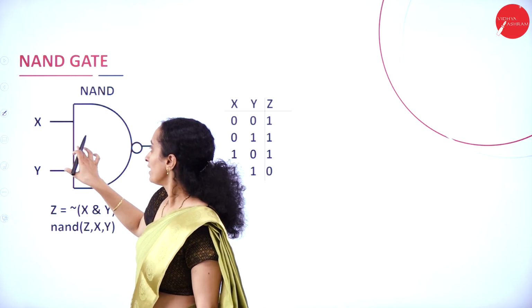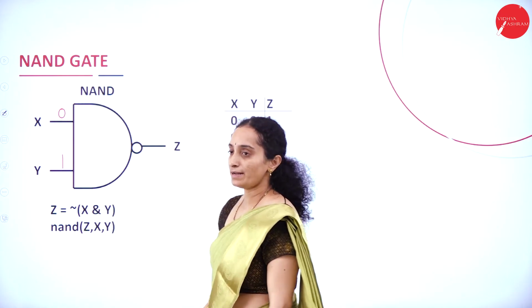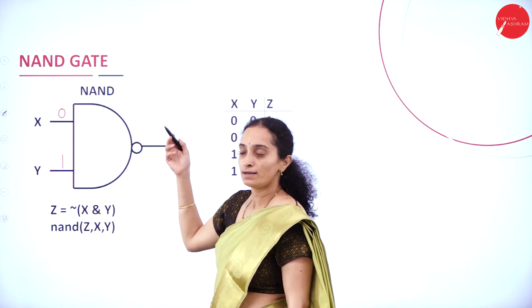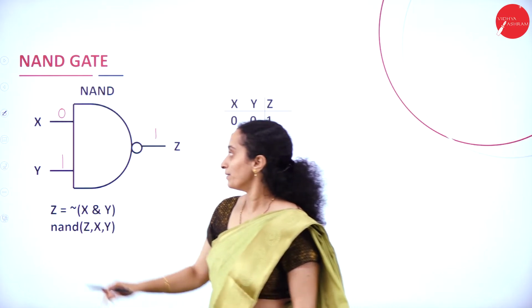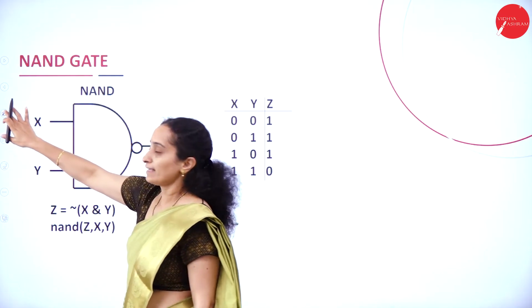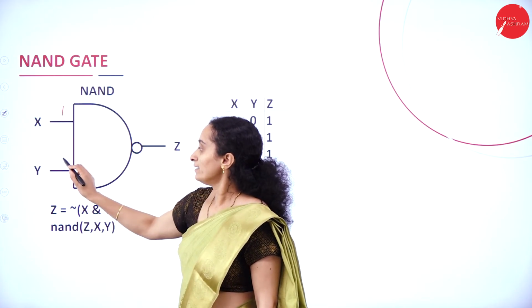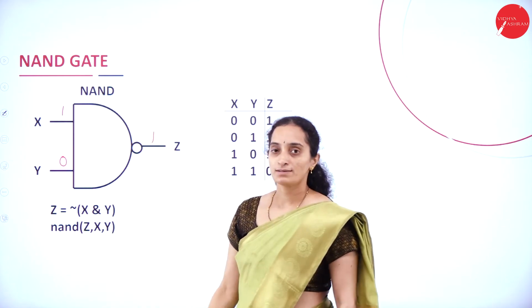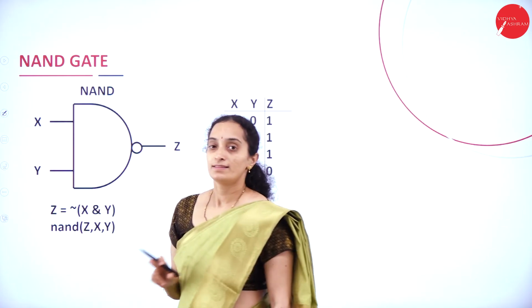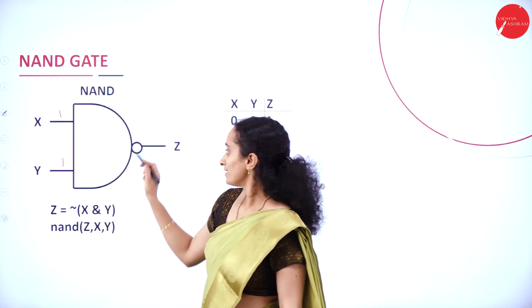If the input is 0, 1, the NAND gate will again produce 1. Another case, if you take 1, 0, then also the value is 1. The last case, if you take two 1s, then the output will be 0.